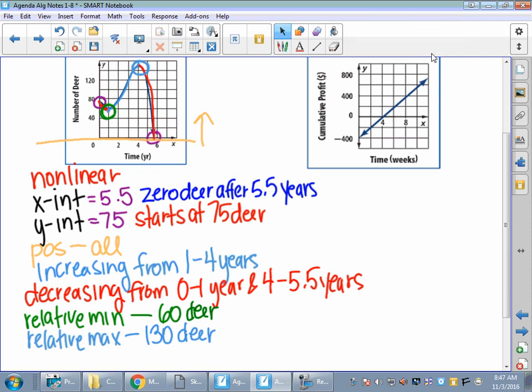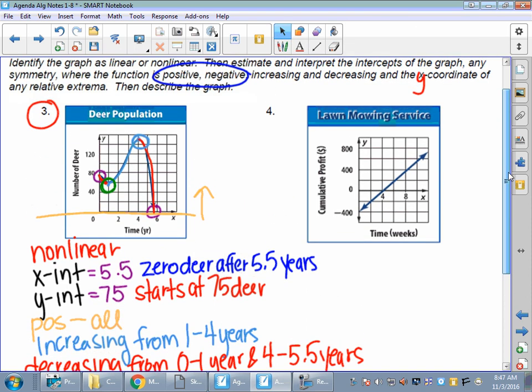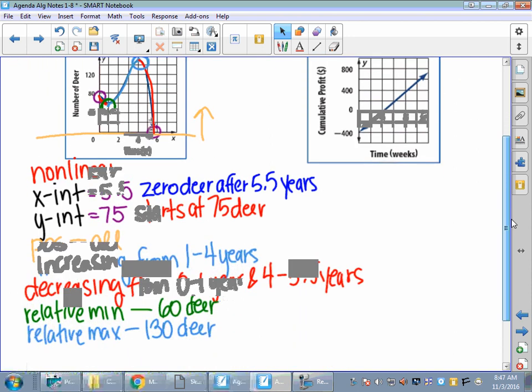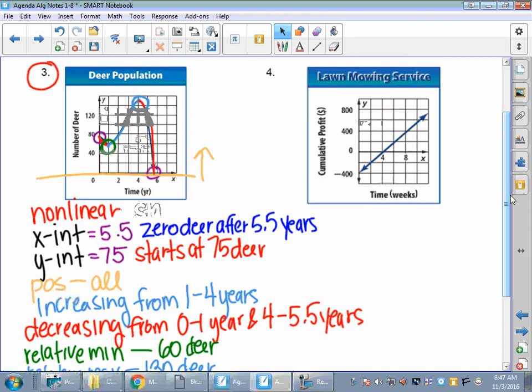And last but not least, it says to describe the graph. So let's describe the graph. And we kind of did when we talked about the increasing and decreasing. So here's how I would describe the graph. I would say the deer population decreased from 0 to 1 year, decreased to 60 deer, and then it started increasing and went up to 130 deer.